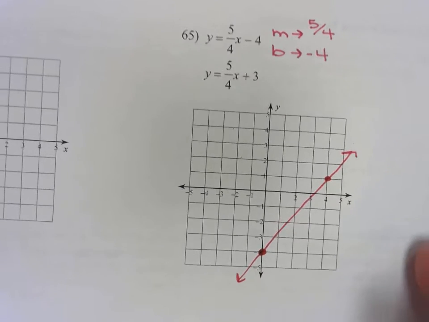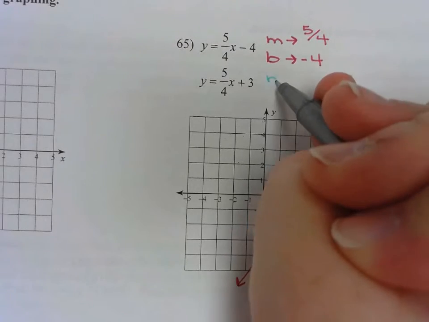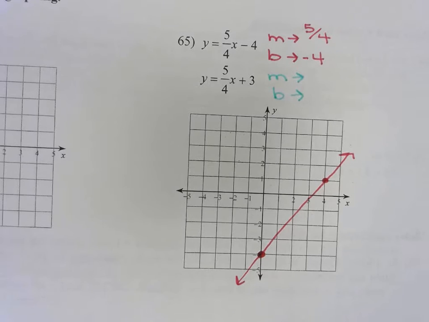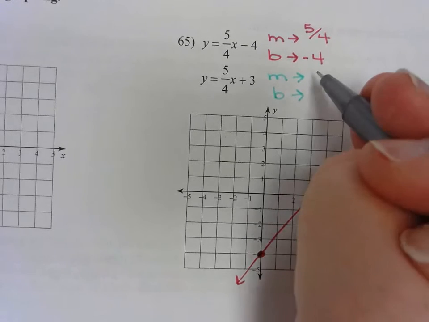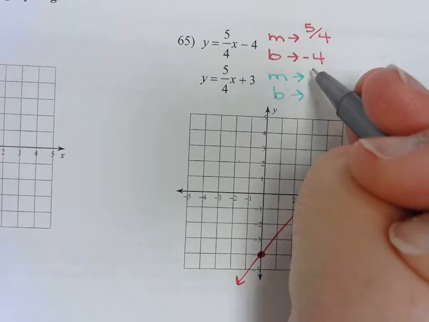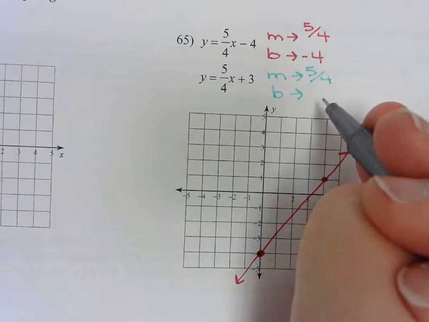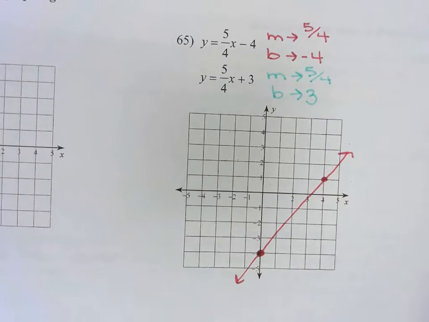And then my second equation is already in slope-intercept form. Slope and y-intercept for the second one. Slope is 5/4. Y-intercept 3.